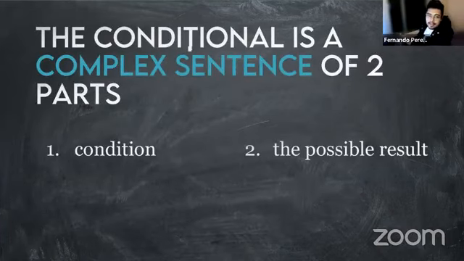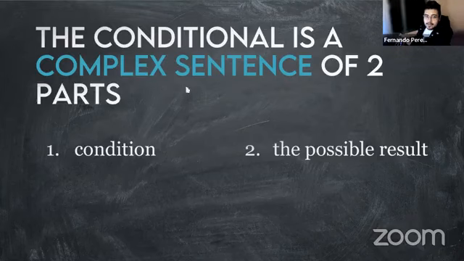The conditional is a complex sentence of two parts, two components, two sections. Number 1 is a condition, number 2 is a possible result. And the possible result is usually the future.